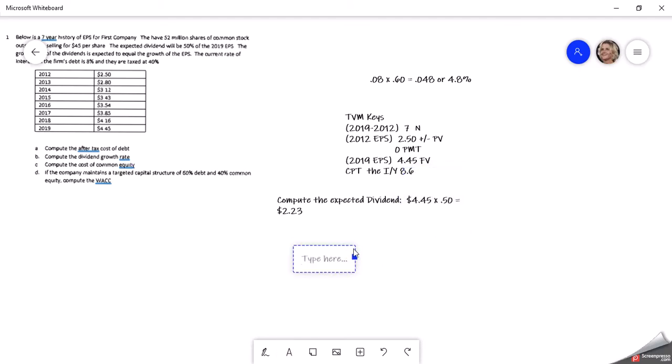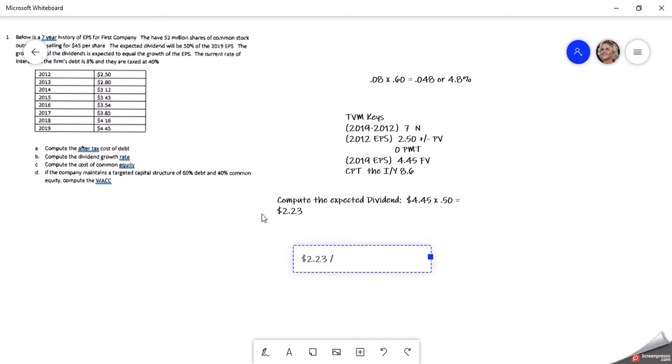So now if I come down here, my cost of equity is going to be calculated by taking my expected dividend, which is the $2.23, and dividing that by the selling price or the proceeds.